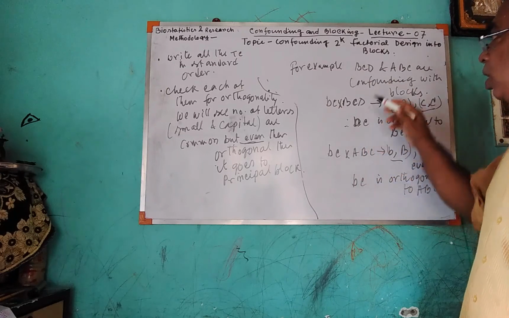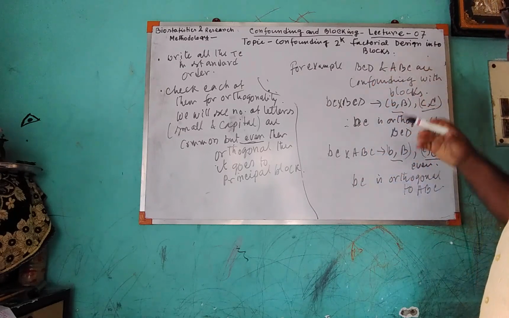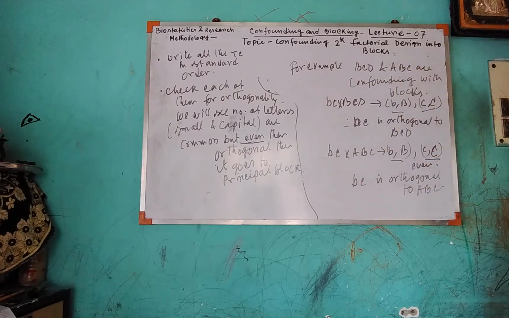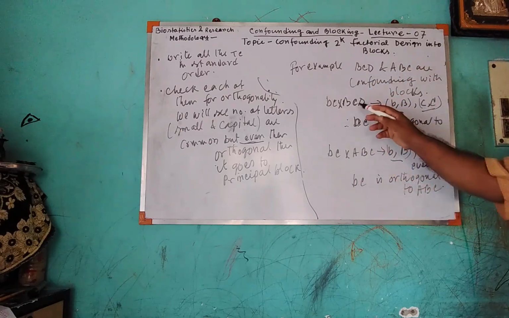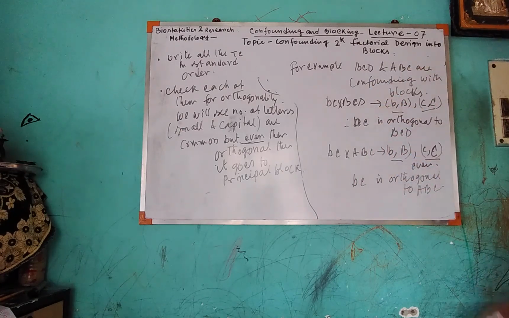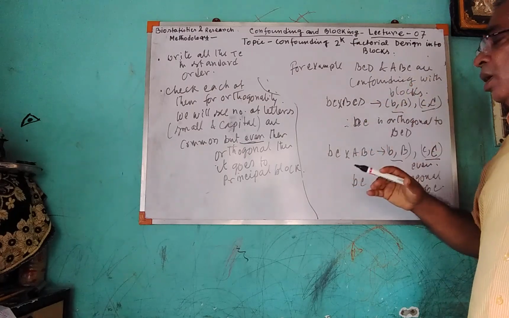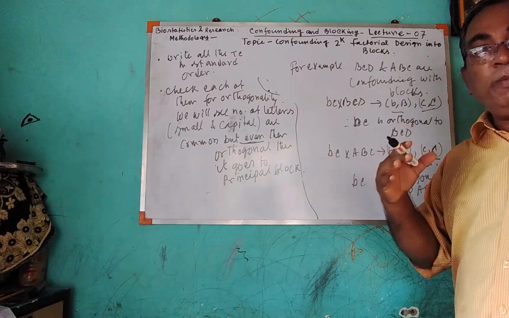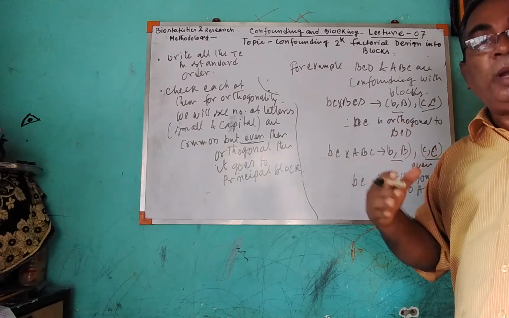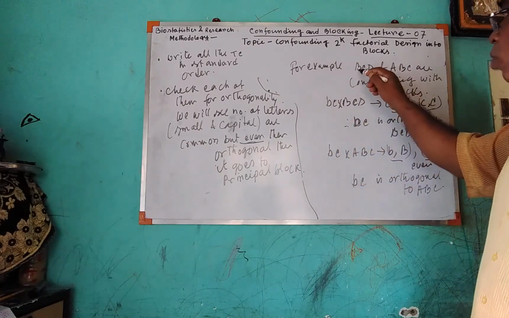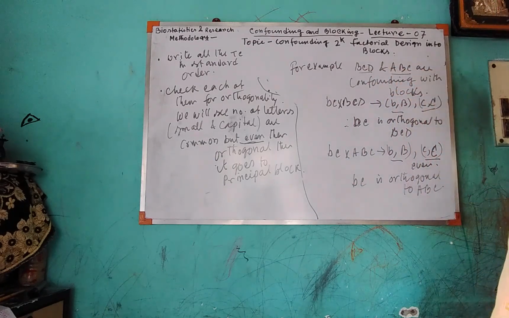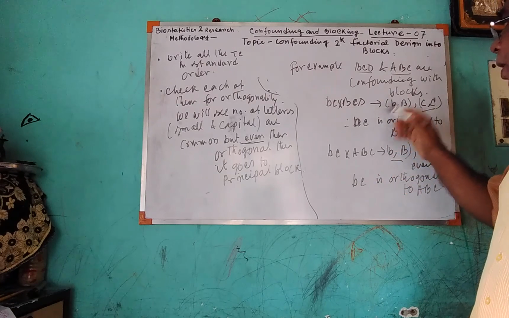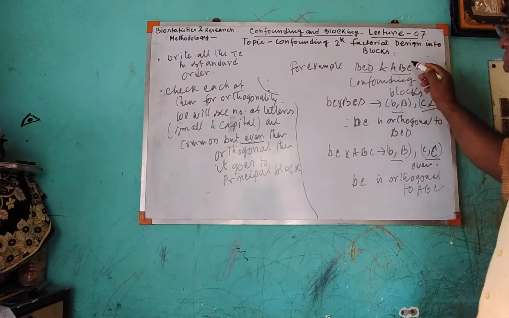If you are confounding both BCD and ABC, two higher order interactions, and BC is orthogonal to BCD but not orthogonal to ABC, then BC will not go into the principal block. So when two higher order interactions are confounded, BC should be orthogonal to both.